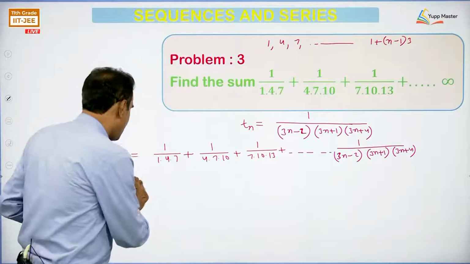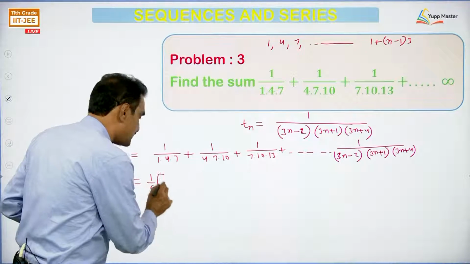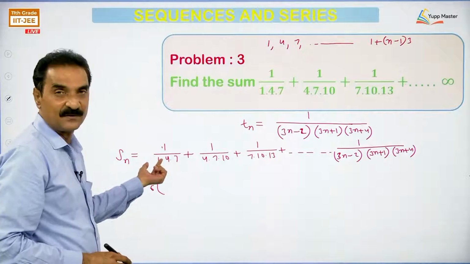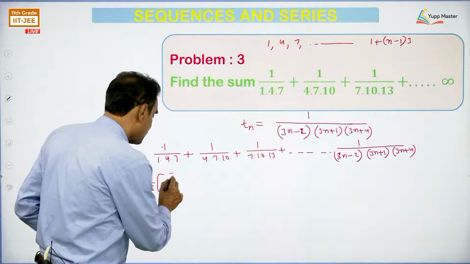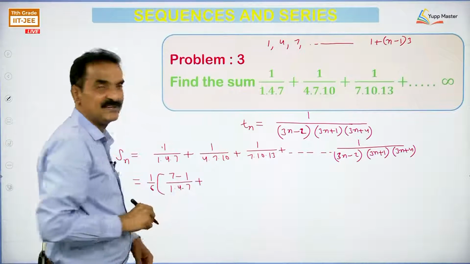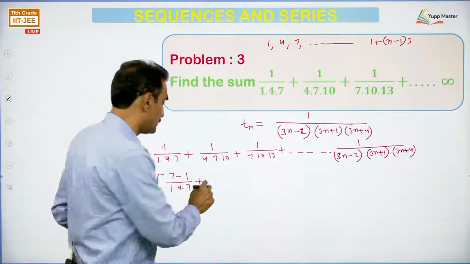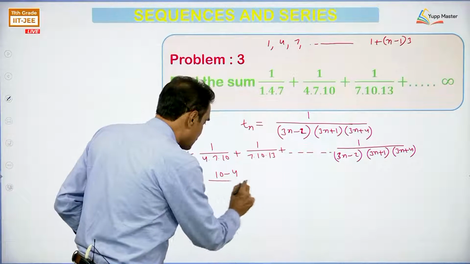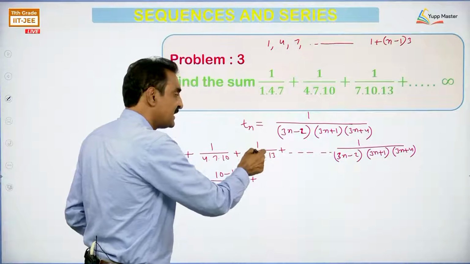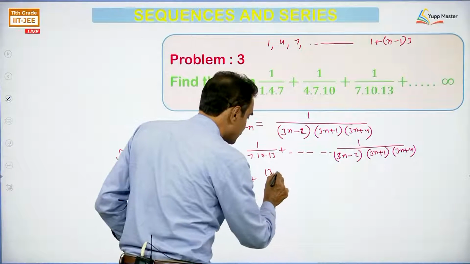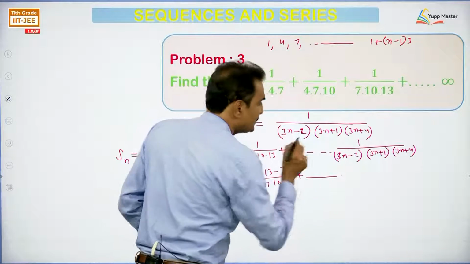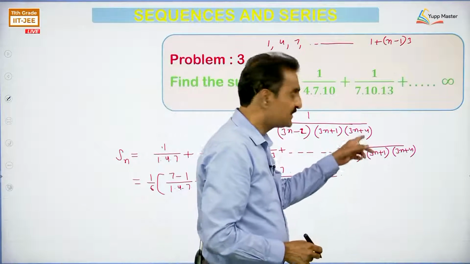And outside write 1 by 6. Then you will get 6 in the numerator here. We will write that 6 as 7 minus 1, last factor minus first factor, by 1 into 4 into 7. Here the numerator will be 6. We will write it as 10 minus 4 by 4 into 7 into 10. Here this 6 can be written as 13 minus 7 by 7 into 10 into 13 and so on. In the last term we get 6 here.